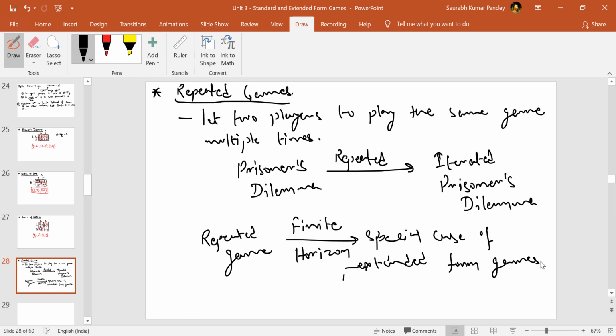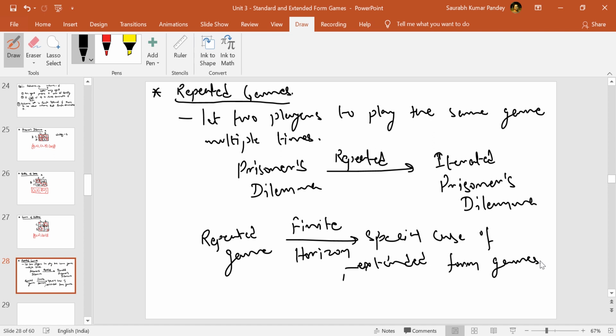Let us suppose we have two prisoners, A and B. What will happen if A knows that in the last round he can defect, because defection means a lesser prison sentence, correct? He knows that defection is the dominant strategy. So what will be done? We will play for 49 times, and finally in our 50th time we will defect.